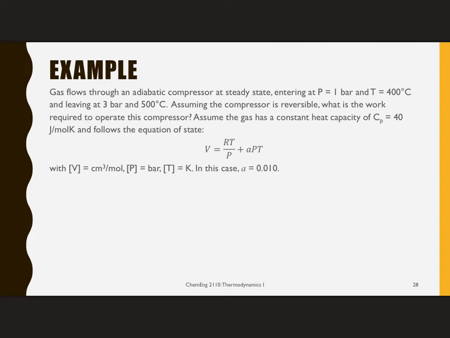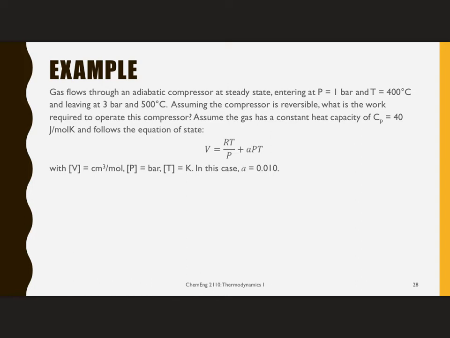We'll do one example. Gas flowing through an adiabatic compressor. It's at steady state. It enters at P equals 1 bar and T equals 400 degrees C and leaves at 3 bar and 500 degrees C. We will assume the compressor is reversible and want to know what is the work required to operate this compressor.